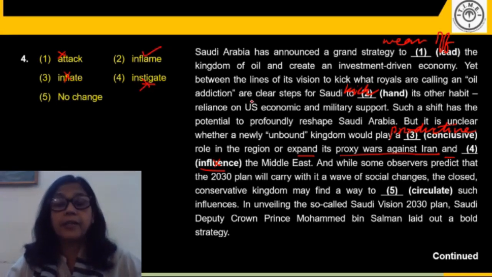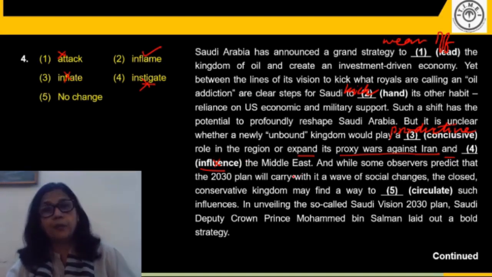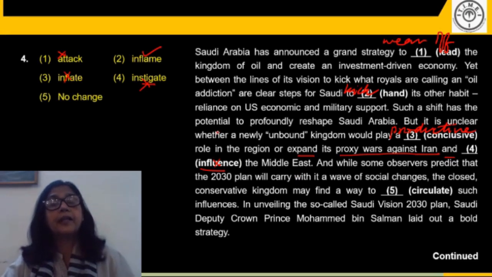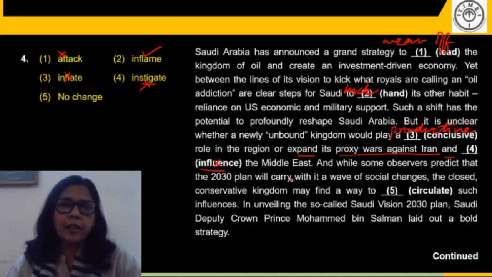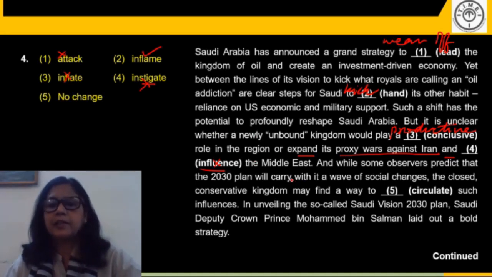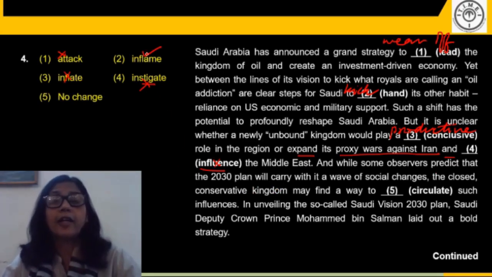Inflame. Would it expand its proxy wars? Would it carry on? Would the war spread then? Yes, and inflame the Middle East. Inflame is to make something violent. So other words do not fit in at all, as we have seen. So we have the fourth one as inflame.